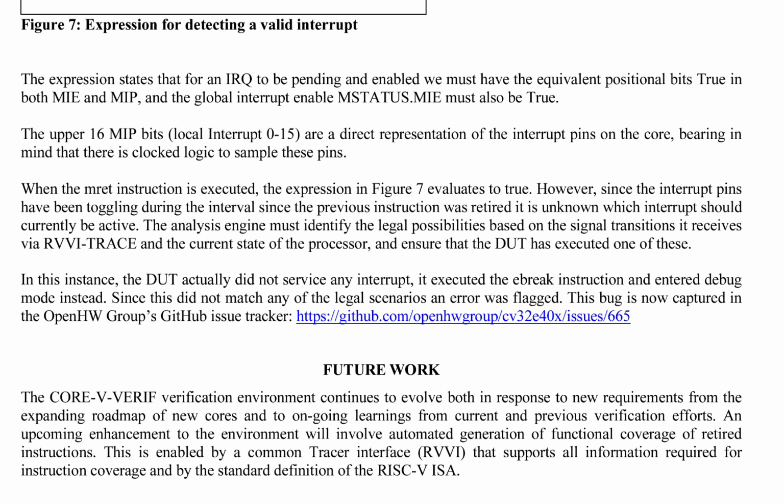However, since the interrupt pins have been toggling since the previous instruction was retired, it is unknown which interrupt should correctly be active, so the analysis engine must identify the legal possibilities based on signal transitions as received via RVVI-TRACE and the current status of the processor, and ensure the DUT has executed one of these.